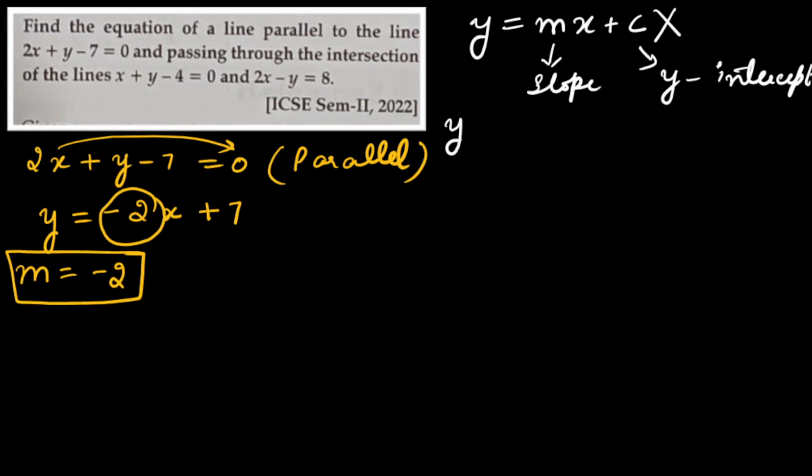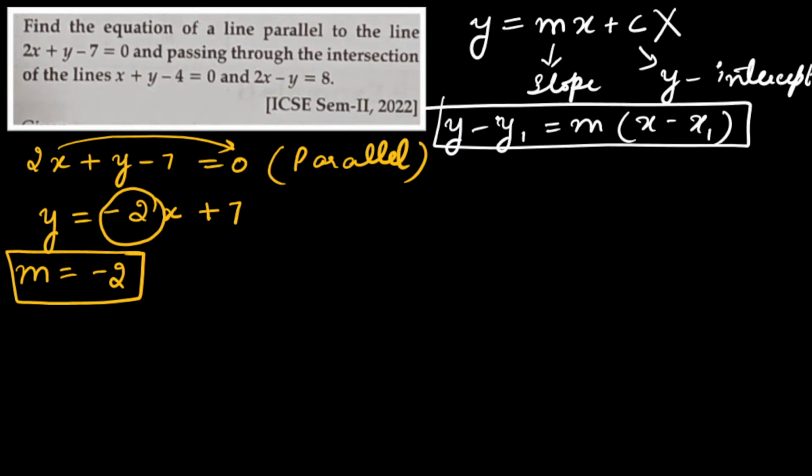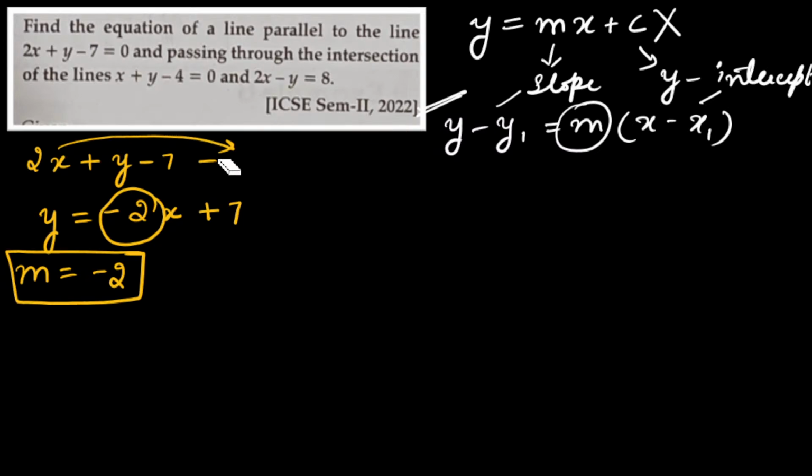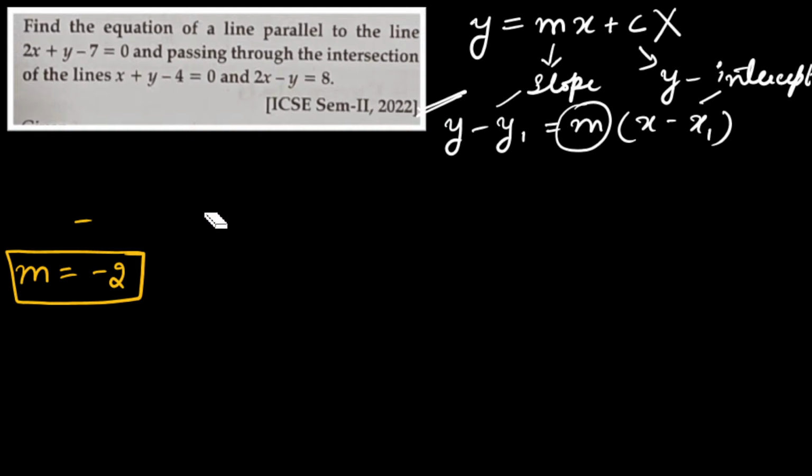Another form is y minus y1 is equals to m into x minus x1. This form we can use because now we have the slope, and we can find x1 and y1 because it's given to us. So I'll write the slope's value, m is equals to minus 2.